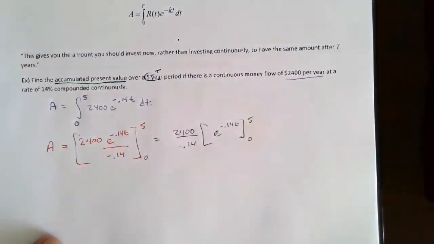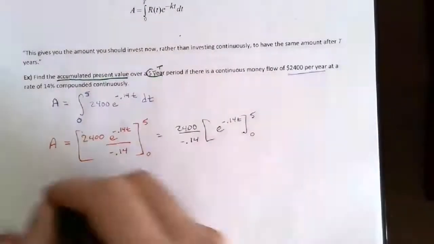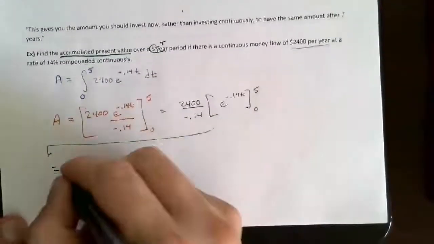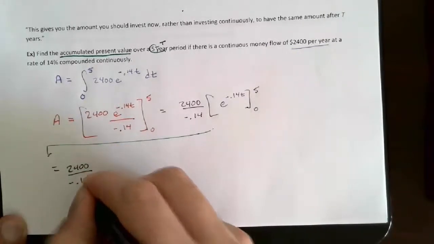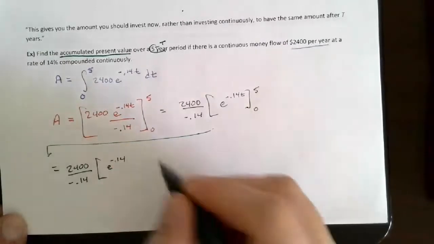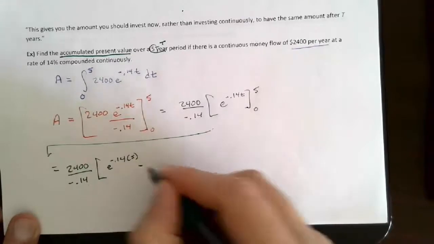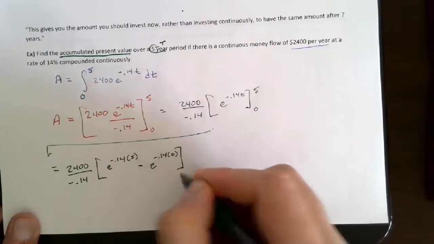I'm just bringing the constants to the front like I did earlier, to make it easier to work with. This is equal to 2,400 divided by negative 0.14 times e to the negative 0.14 times 5, minus, substituting in 0, e to the negative 0.14 times 0.